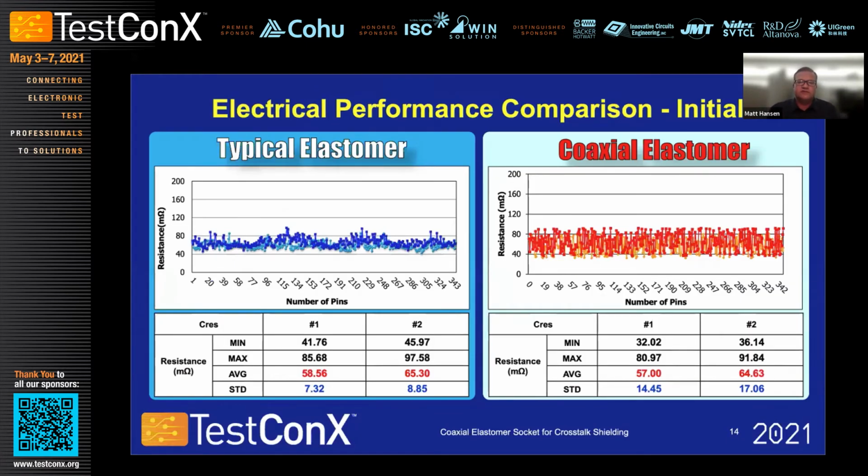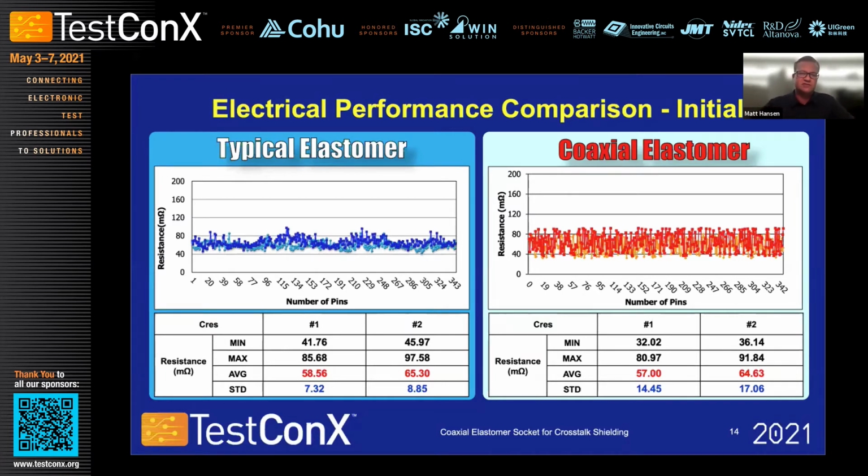As far as the CRS question that you're asking, this is over test cycles and resistance measurements. So a typical elastomer versus a coaxial elastomer. We're finding that it's slightly improved, so slightly lower, but a bigger spread.